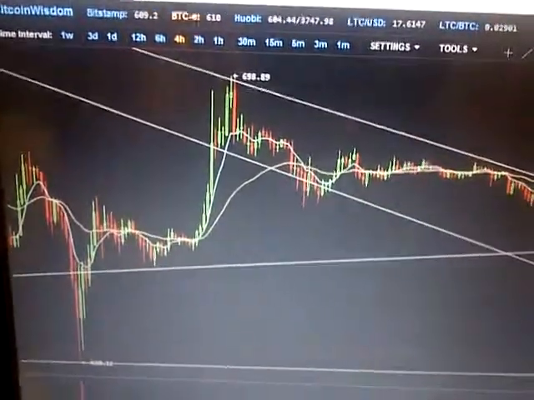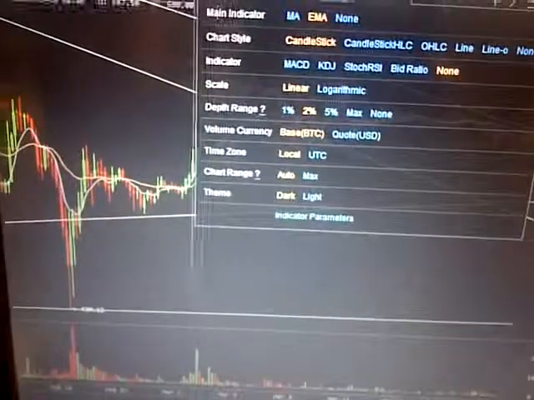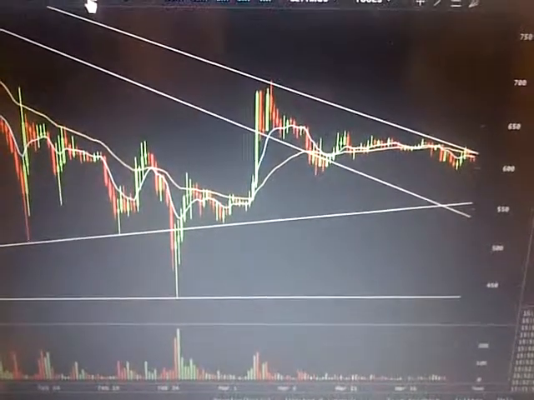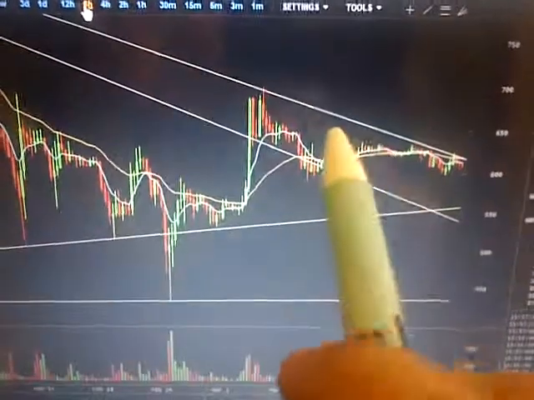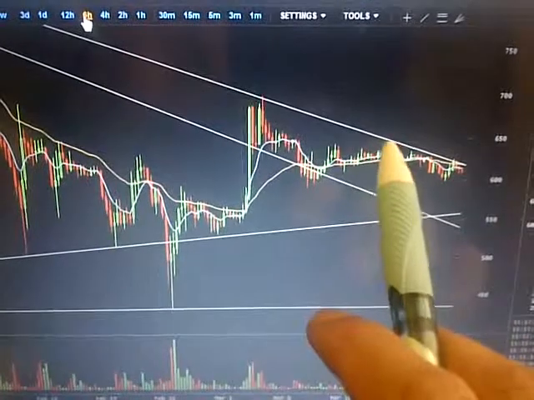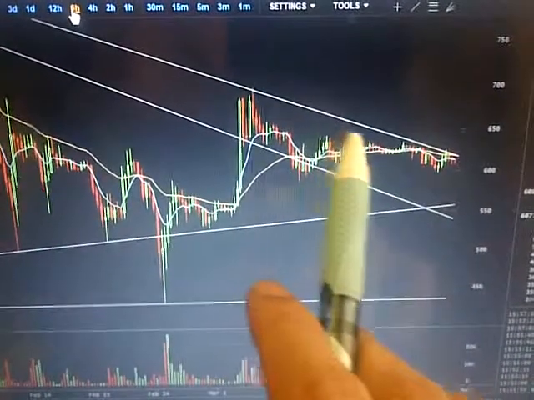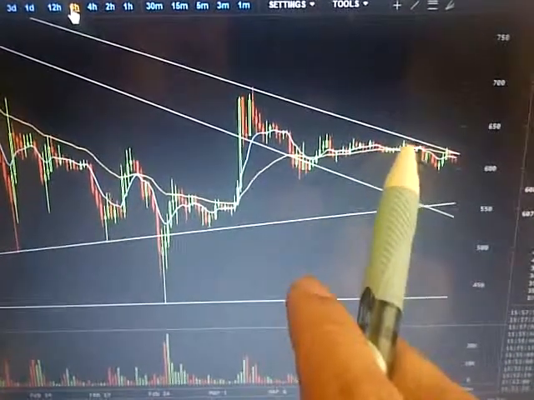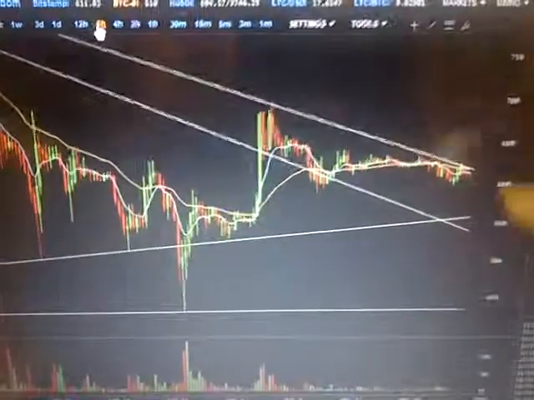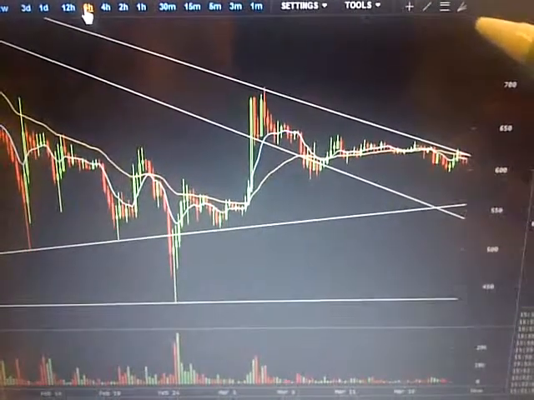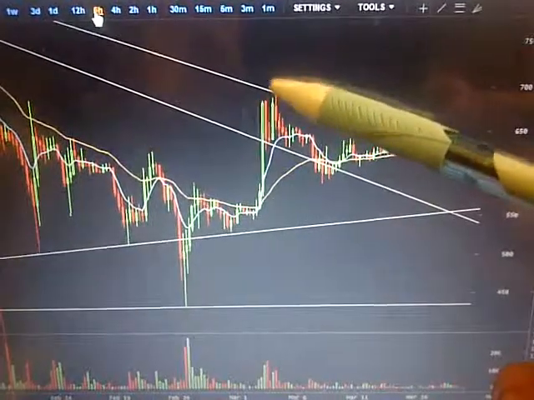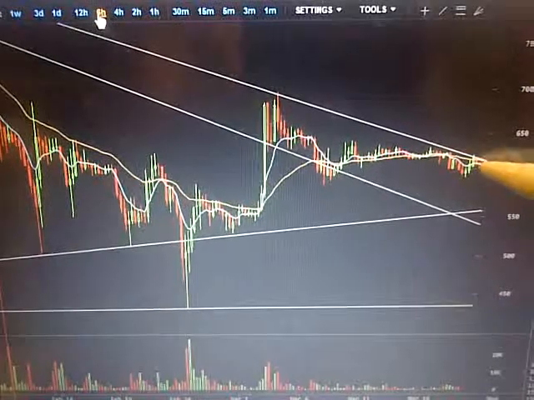This is BitC on a 4 hour, but let me back up to a 6 hour so you can get an idea. This one's hitting up against this, and this is a different line. The other top resistance line is way up here. This is just another line I drew to the top of this to get an idea if it's following this or not.